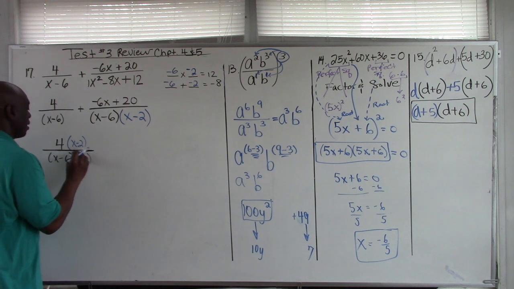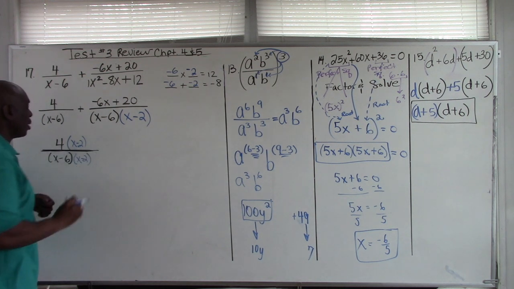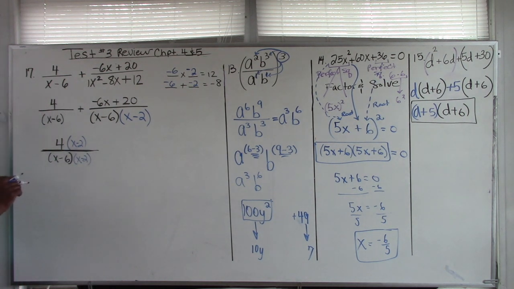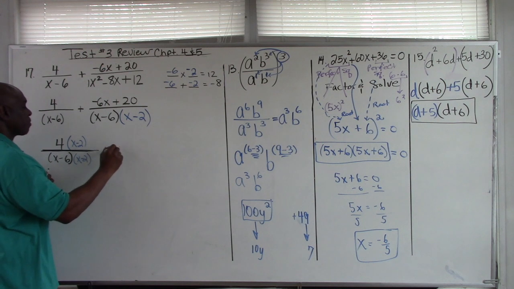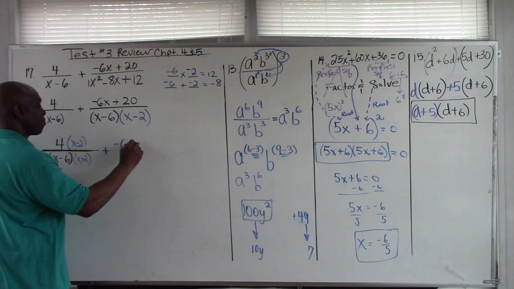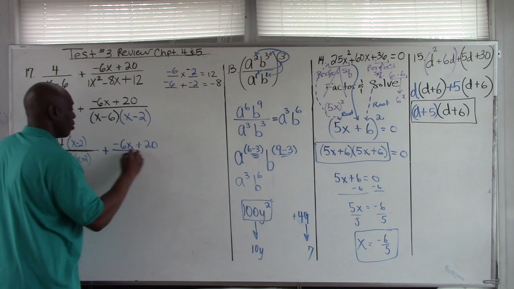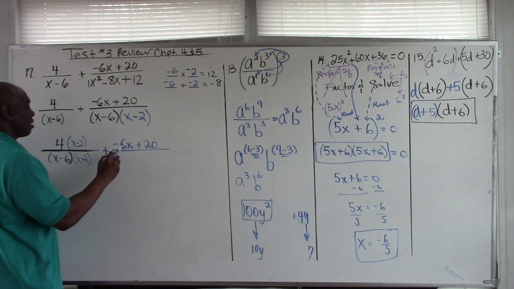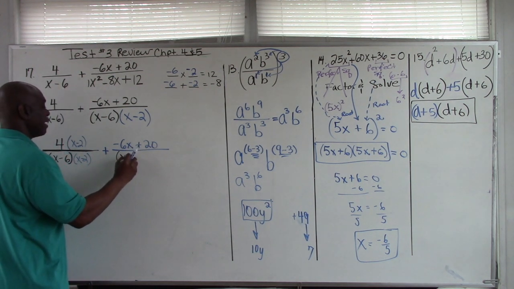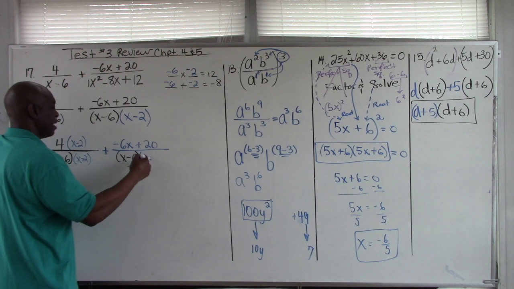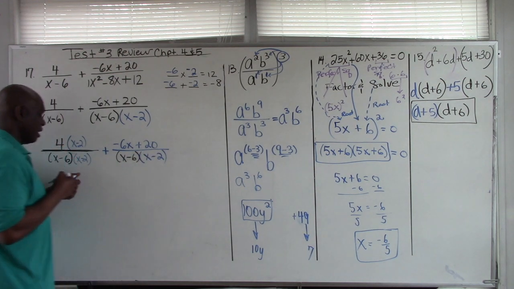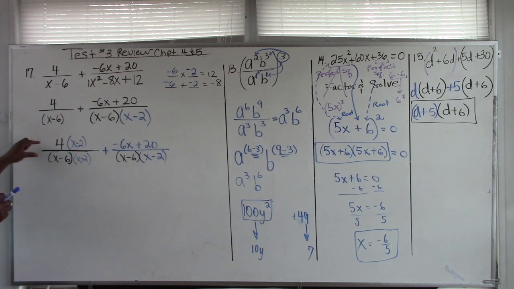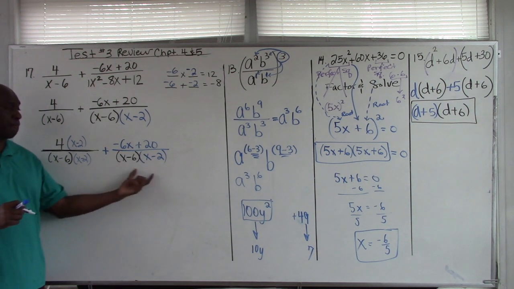It's like I multiplied it times 1. See, this fraction and this fraction are equivalent fractions, right? Plus negative 6x plus 20 over x minus 6 times x minus 2. And this equivalent fraction right here also gives us our least common denominator.